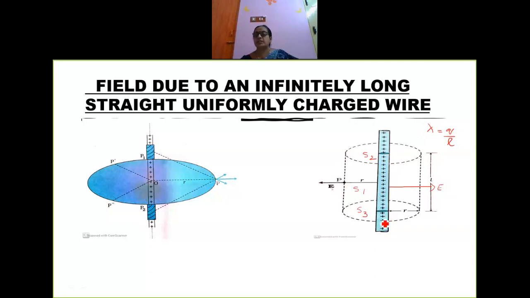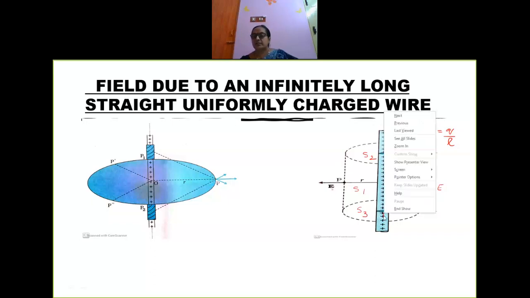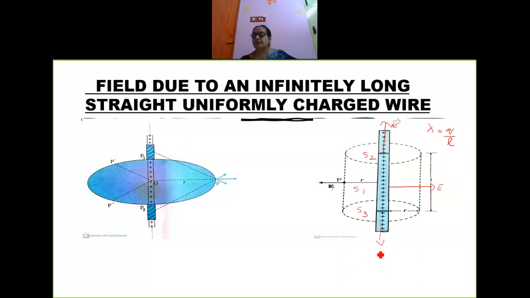Hope you will be able to see the diagram. Now as far as this area element is concerned, what will be the direction of electric field children? The direction of electric field will be like this. Am I right? And similarly here also it will be like this. So this is ds vector and here it is ds vector. Okay? Right.